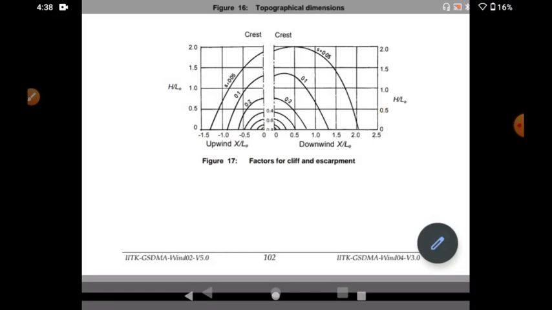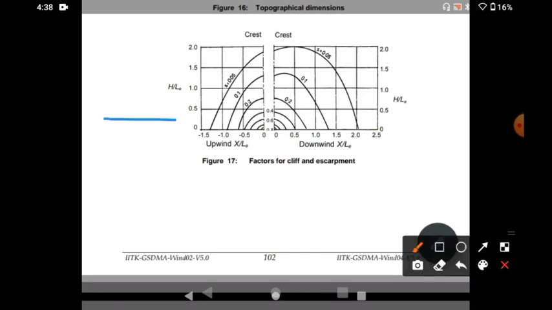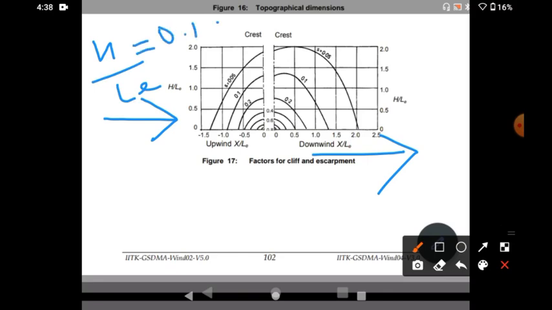The first one is upwind, from where the wind is blowing, and the second one is downwind. Okay, so here you can see that the ratio of H by LE is 0.169.